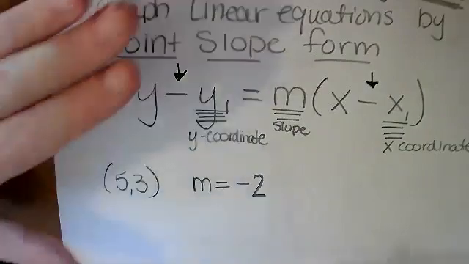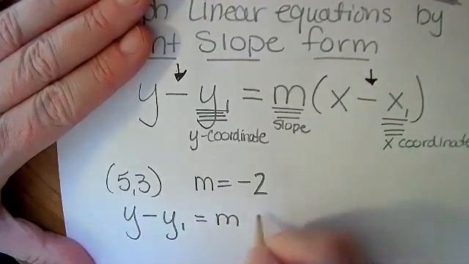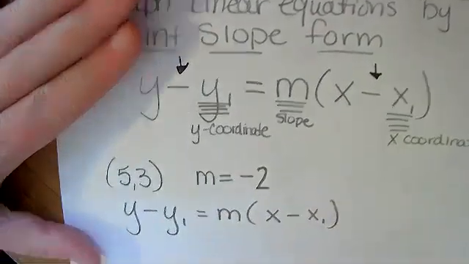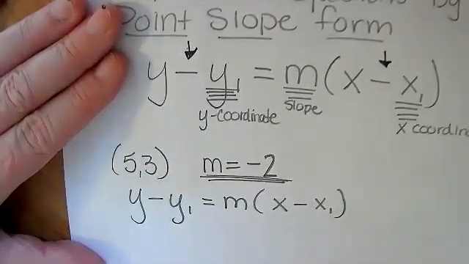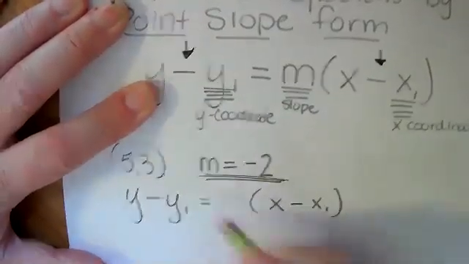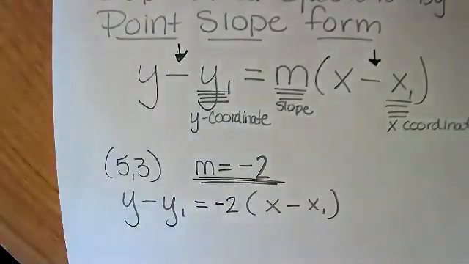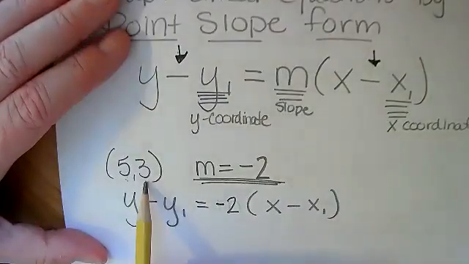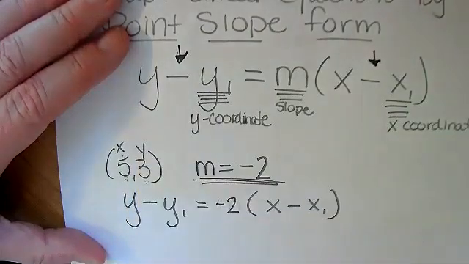Look, you ready? This is your point slope form. What's your m? Your m is -2. So I'm taking out the m and I'm plugging in -2. Ta-da! Next, this is your point. X is 5, y is 3.